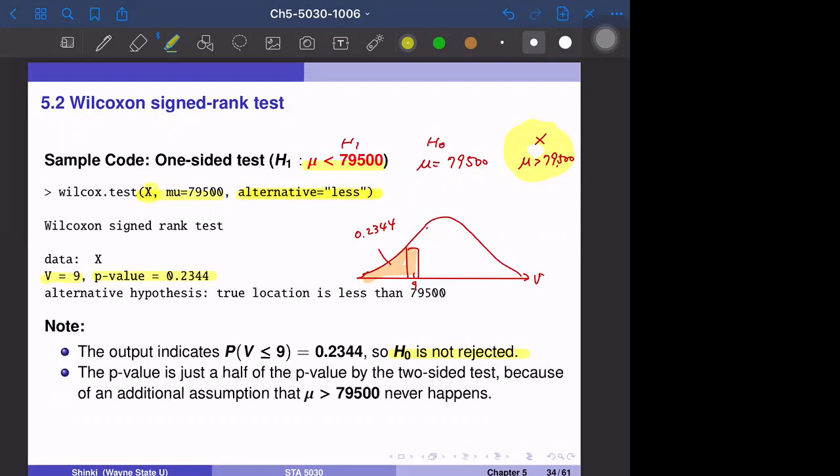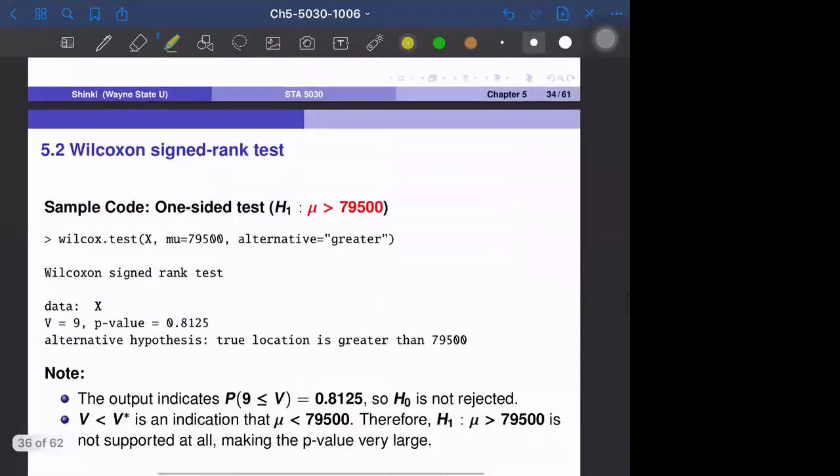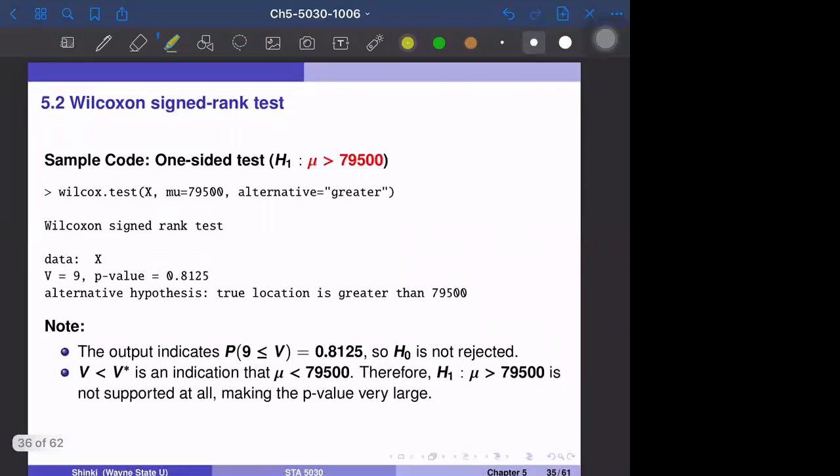And another one-sided test. How about H1 is that mu is larger than 79,500? Then we can specify alternative is equal to greater, and do the same test. V is equal to 9, and the p-value is 0.8125. Basically we calculated the area of the other side.